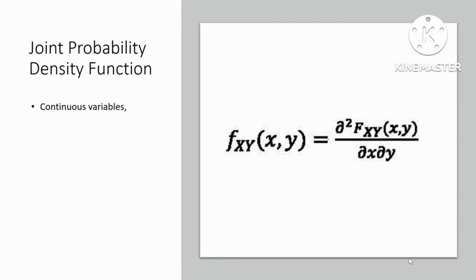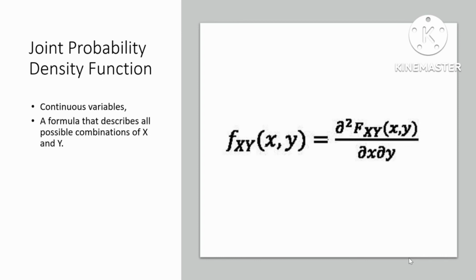That is, of course, impossible. But what you can do is create a formula. And the formula that describes all possible combinations of X and Y is called a joint PDF.